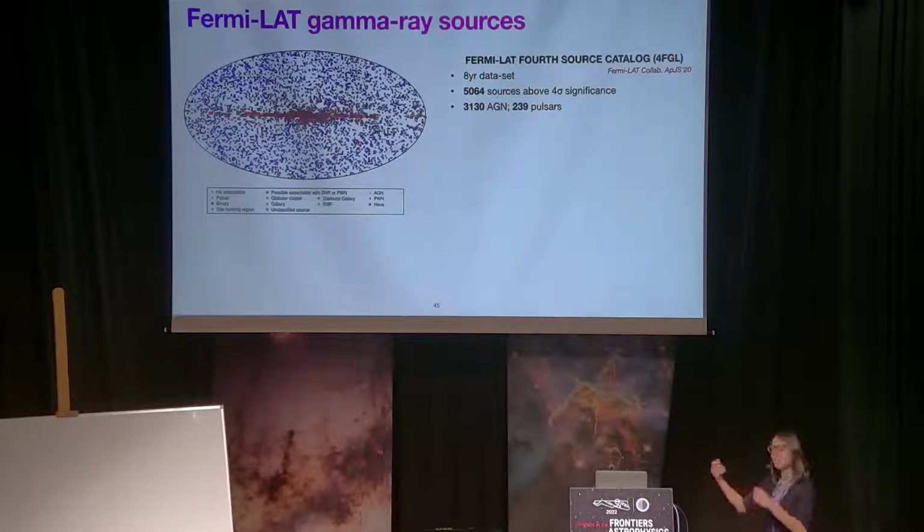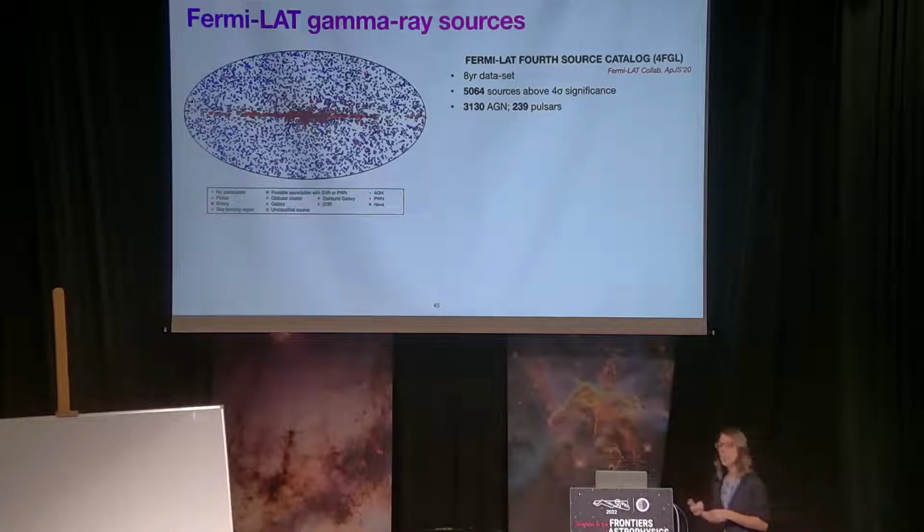And you can identify objects that are present in other catalogs, and you can claim that there is an association between your gamma ray source and your multi-wavelength counterpart. So you can claim that this point here, for example, is an AGN. If you were to lack this kind of association, you are left with a point source, which is an excess in gamma rays, but is not associated with any multi-wavelength counterpart.